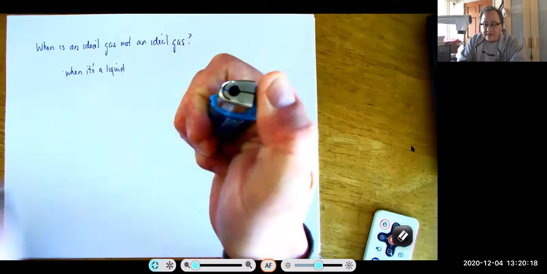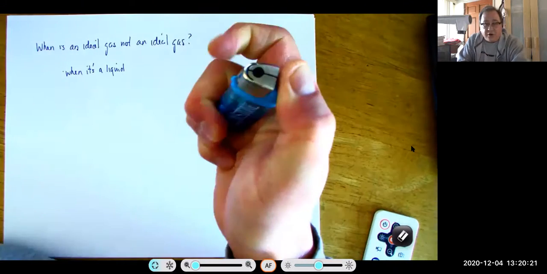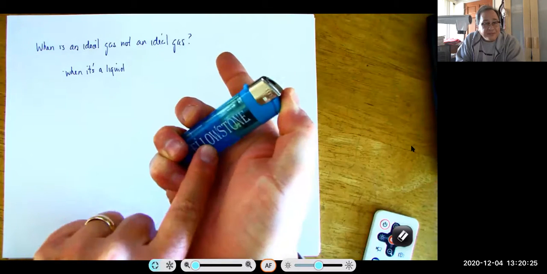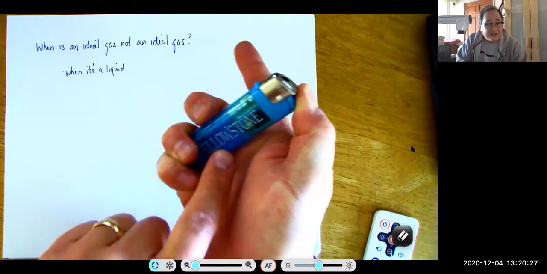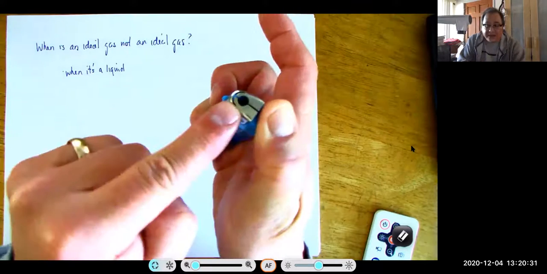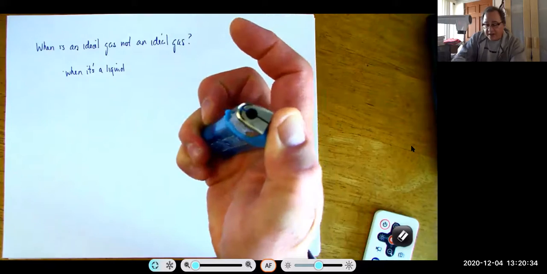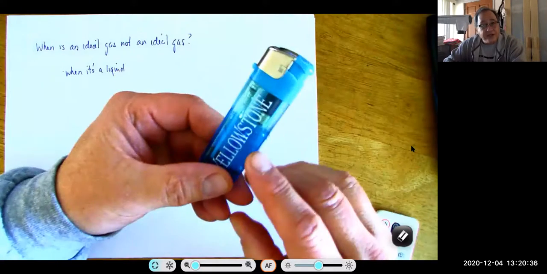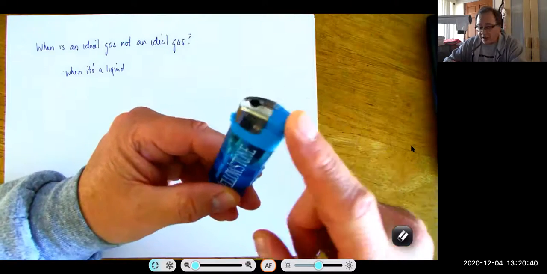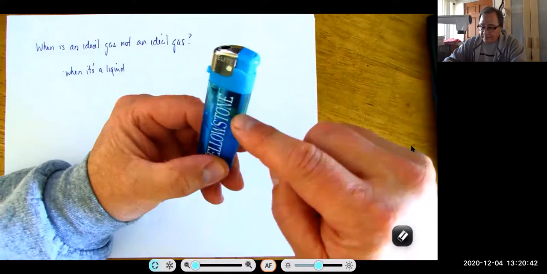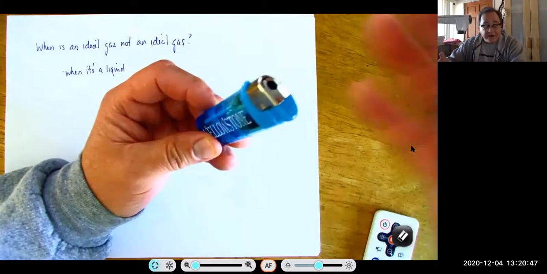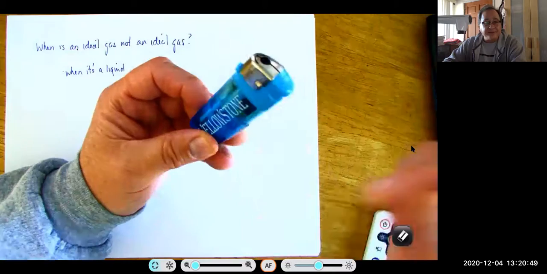And if I put the flame out and still hold the bottom here, what's going to happen is that this will empty out. Why does this empty out? And why do I not see any liquid coming out of the top? The answer is very simple. This liquid turns into a gas when I hold this down. So when I open up the opening between the liquid in here and the outside air, the liquid becomes a gas.